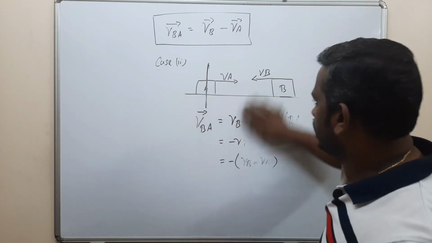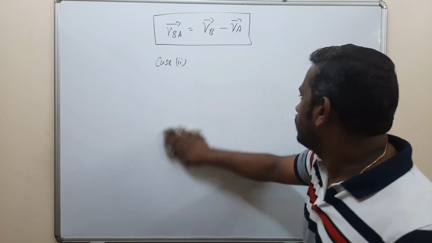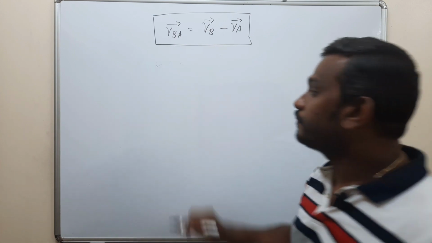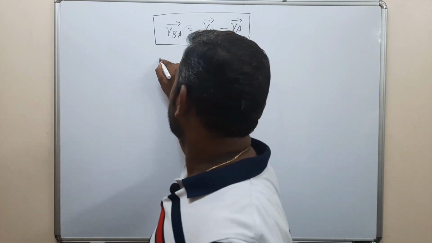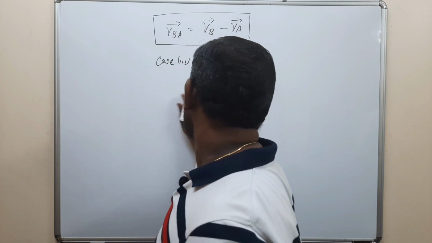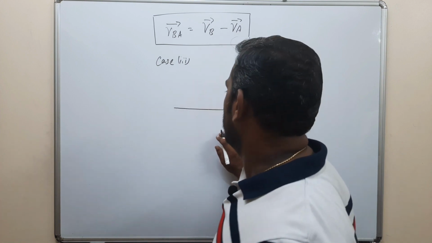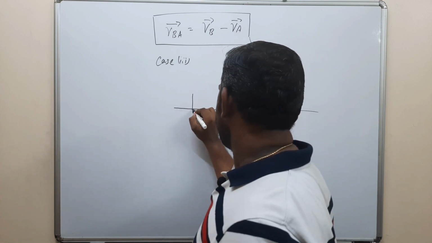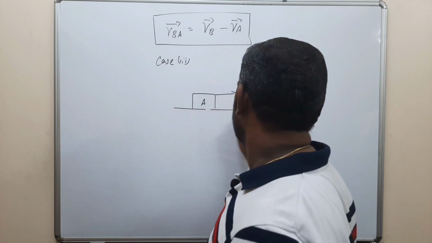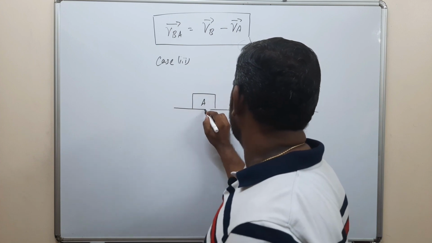Then case 3. The two objects are moving along a straight line and moving away from each other.